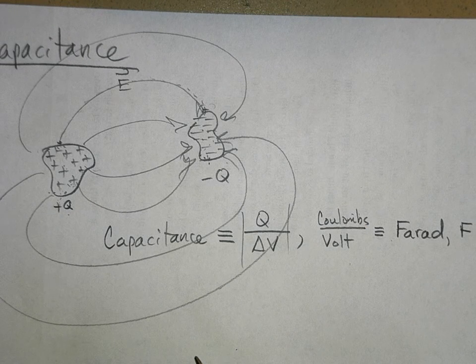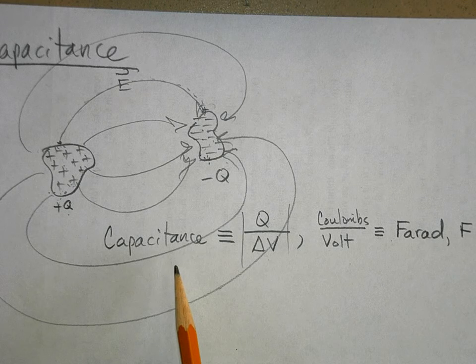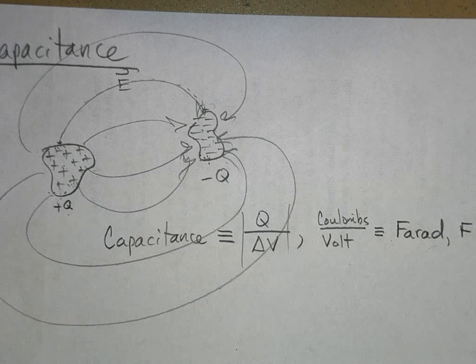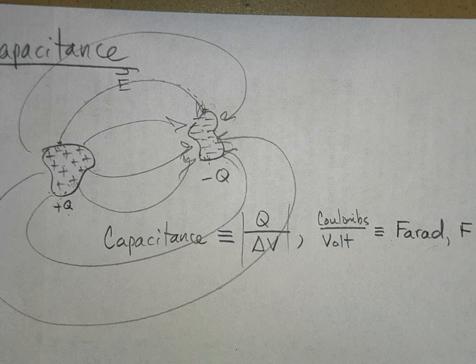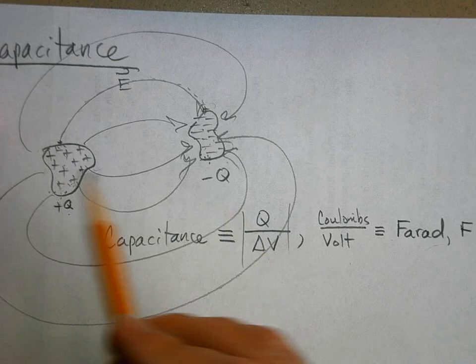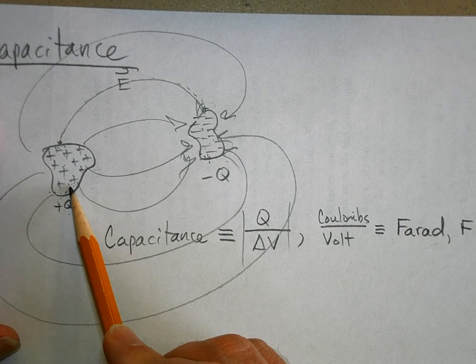Now a farad, if you've got a capacitor with 1 farad of capacitance, that's a huge capacitor. Okay, you almost never see farads by themselves. Almost all practical capacitors will have an amount of charge like microcoulombs.